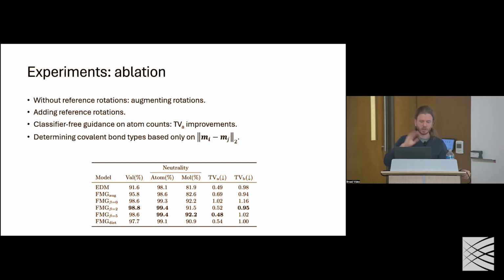So even when detecting bonds based solely on the atom distances, we are able to achieve a neutrality of 91%. So the bonds here are detected based on some reasonable intervals where a covalent bond type 1, for instance, between carbon and nitrogen should be.